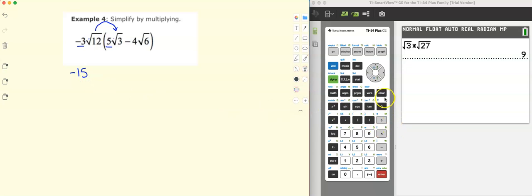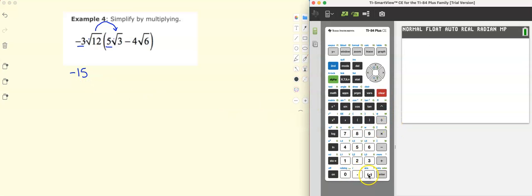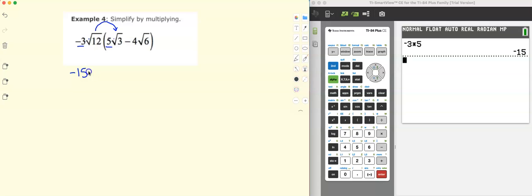Okay, if you didn't know that, then you can come over to your calculator and just put in -3 times 5, and it's going to give you -15. That's what goes here. Then what goes under the radical is 12 times 3. Now, notice I didn't multiply them together because I could possibly have to simplify them a little bit more. All right, so now, since I took care of the first one, now I have to multiply -3 times the square root of 12 by -4 times the square root of 6.